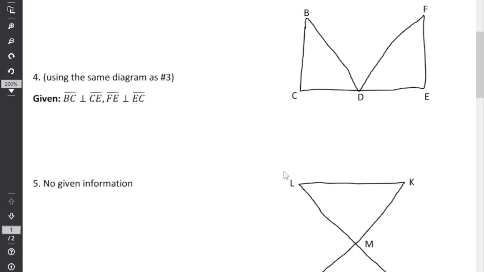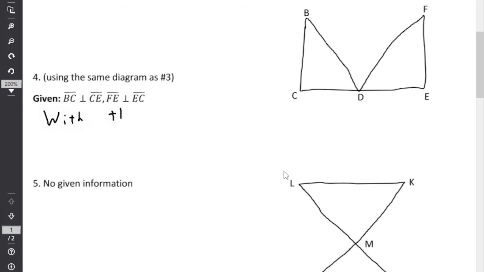Again, our job is to connect perpendicular with this pair of angles having to be congruent. That's what we need to show. We need to show that logical connection. Here we go. BC is perpendicular to CE. I'm going to start the sentence first.